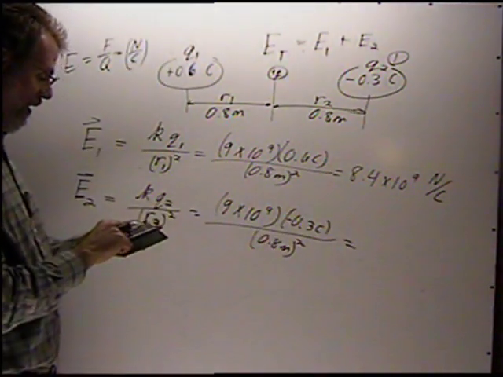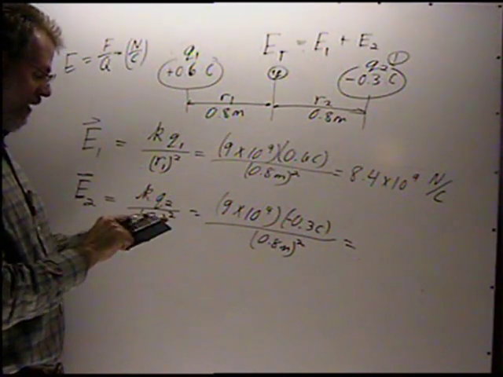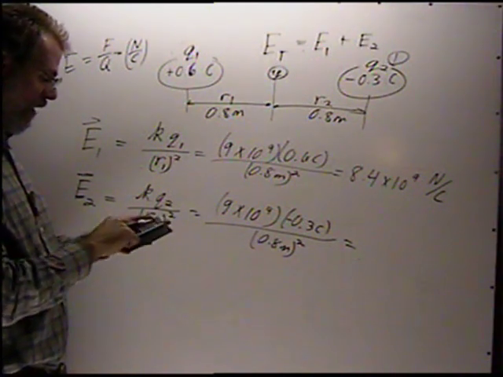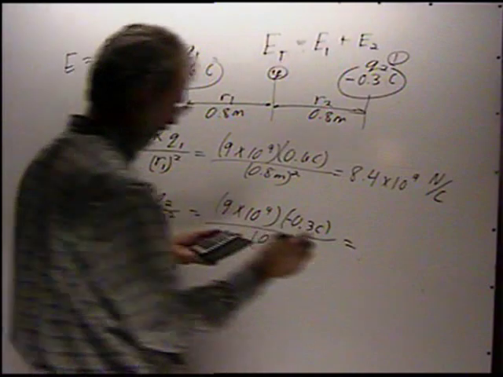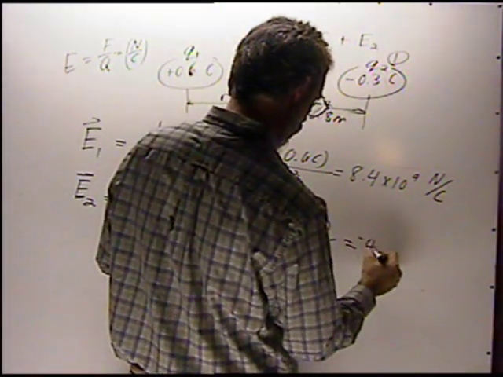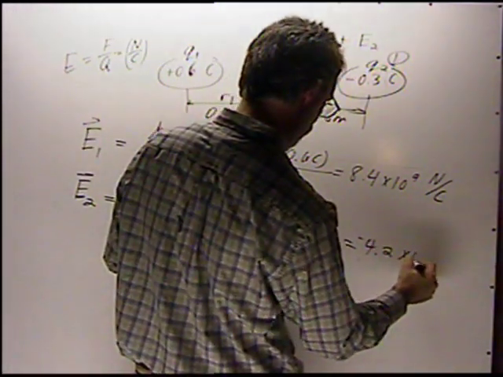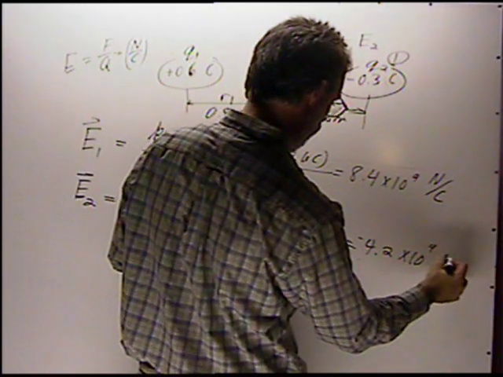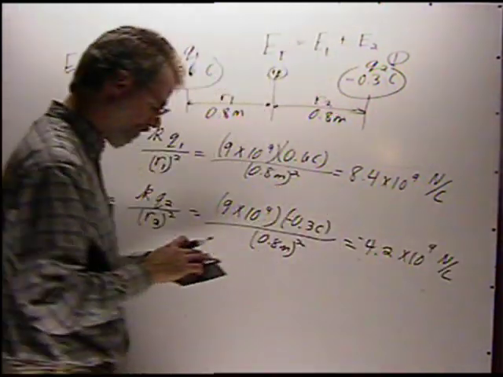We get 9 e to the 9th times 0.3 divided by 0.8 squared, and we get 4.2 times 10 to the 9th newtons per coulomb.